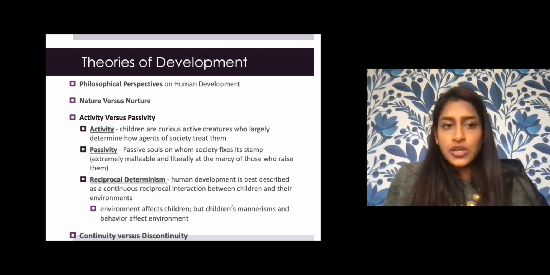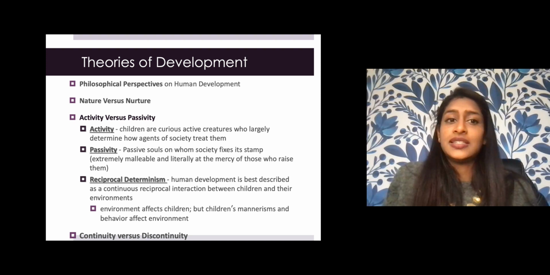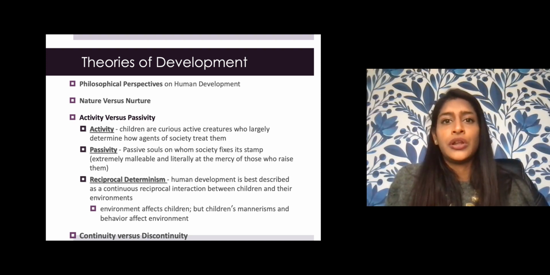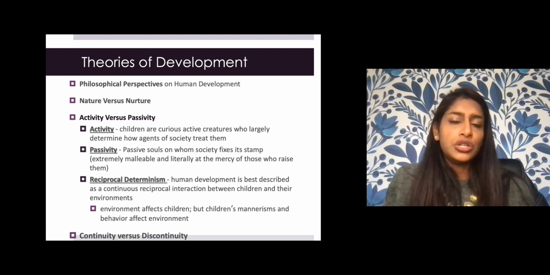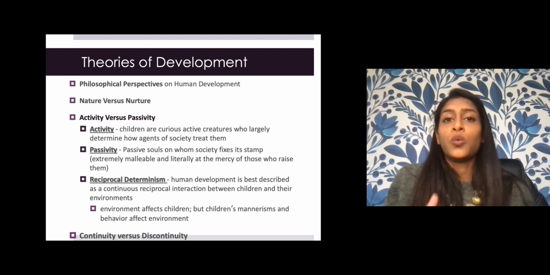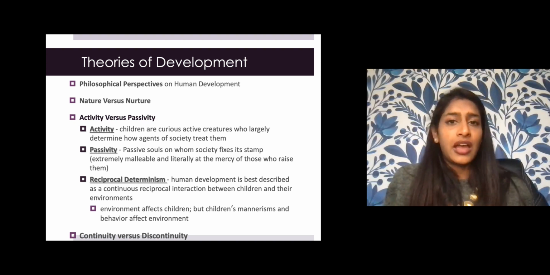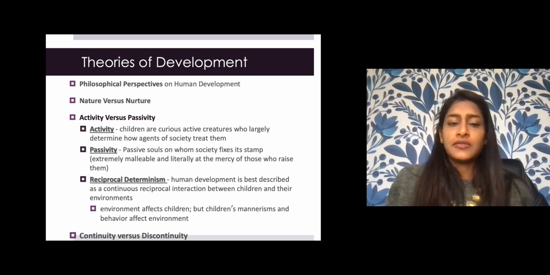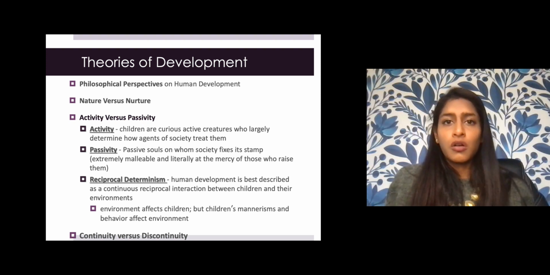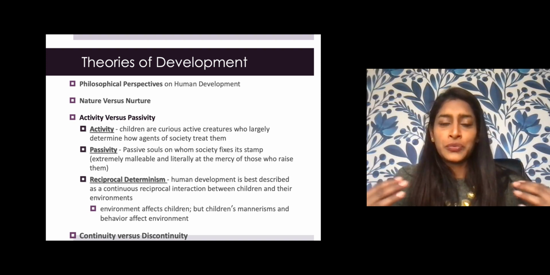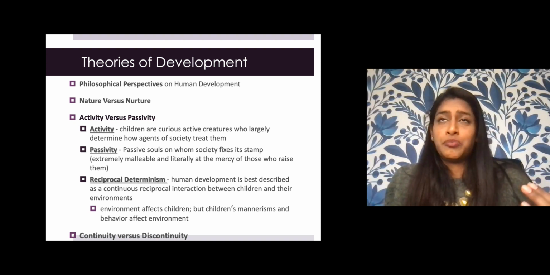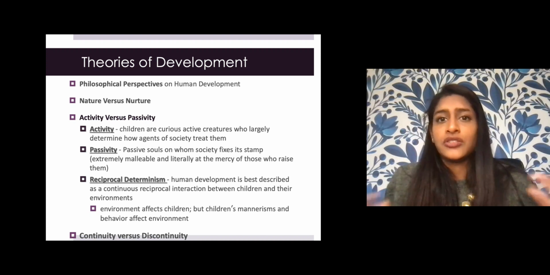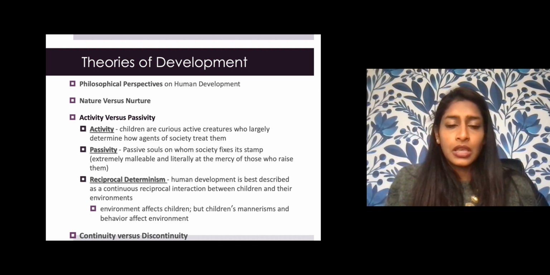Your book then goes on to talk about activity versus passivity. And it's this idea of how do we learn and interact with our world? Do we do so in this active sense where we are seeking out information, we are figuring out how things work? Or is it sort of passive, right? Where the world is kind of relating to us, is putting their understanding and their teachings on us.